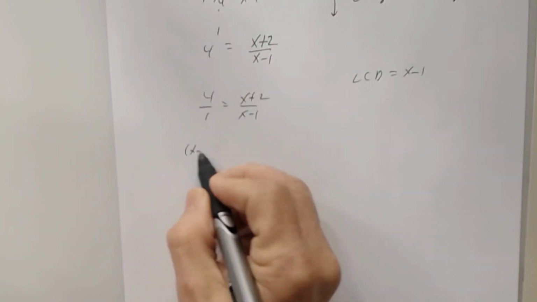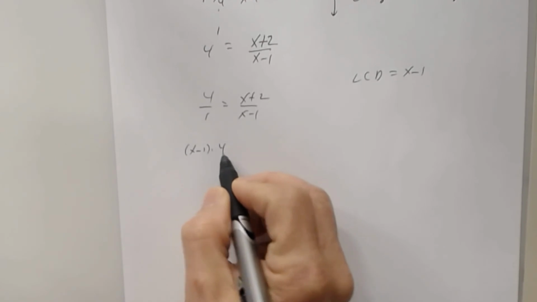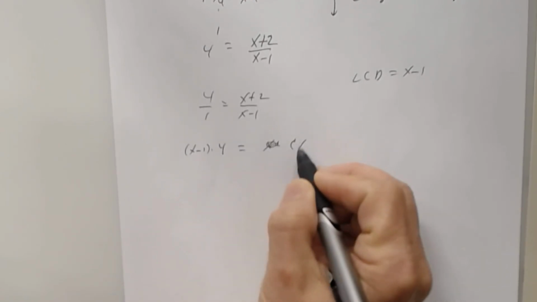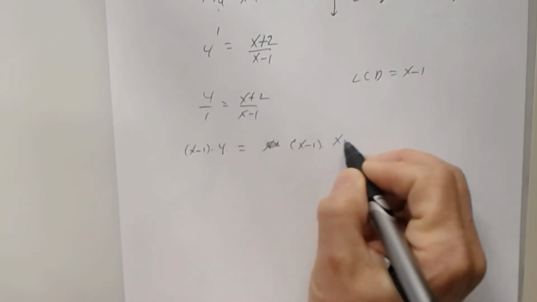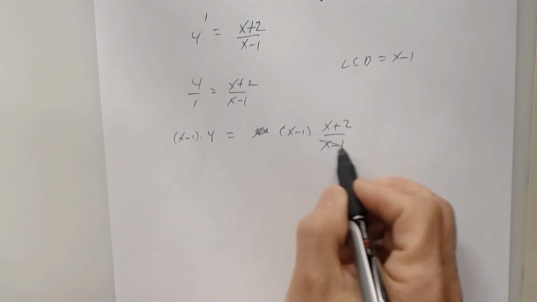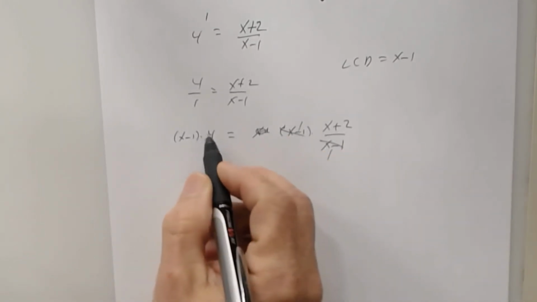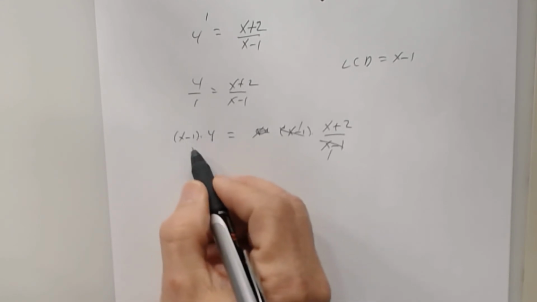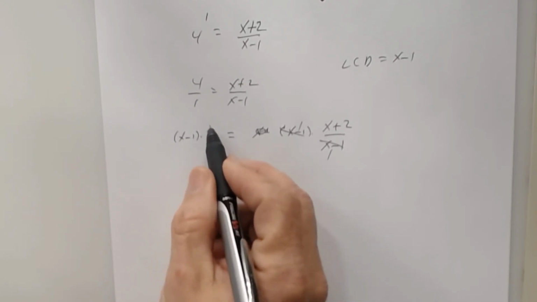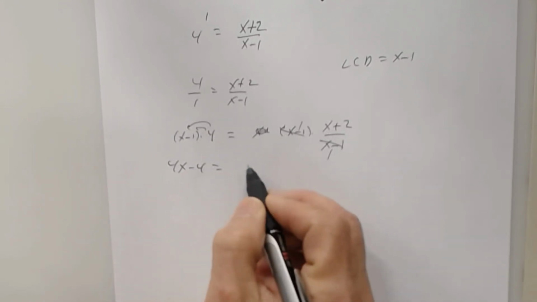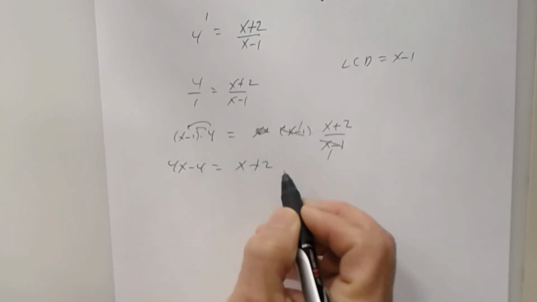So this is x minus 1 times 4 equals x minus 1 times this fraction. Then reduce. All right, now here, though, you have 4 times what? x minus 1. So how to get rid of the parentheses here? Distribute. 4x minus 4. Equal, and that's just what? x plus 2.